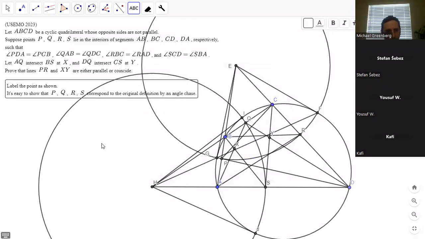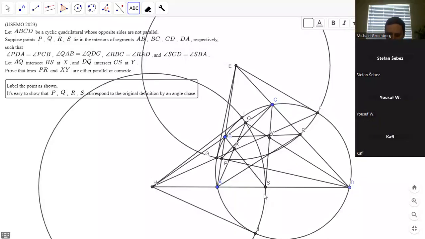Okay, and then now we're going to do the angle chase showing that this is a kite. Let me just write it on my paper and then I'll type it up.